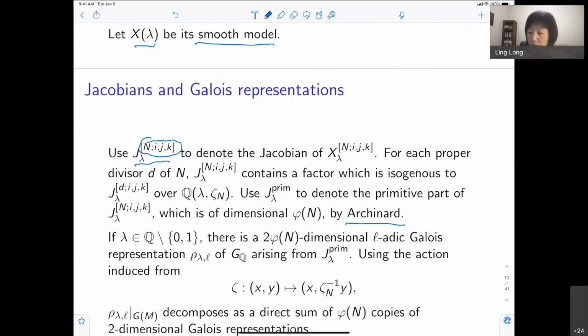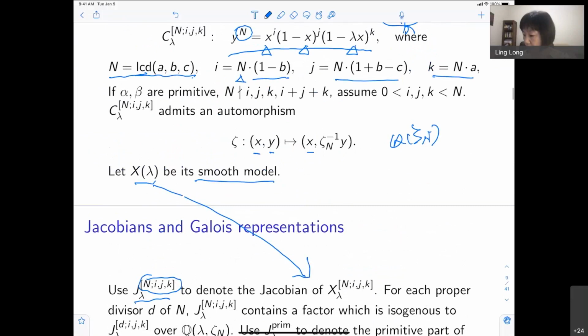So we're computing the Jacobian of the smooth model of the generalized Legendre curve. Then for any proper divisor D, that means instead of taking, say, a 6-fold cover, I'm taking a double cover or a third cover.